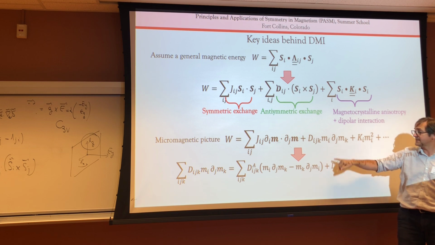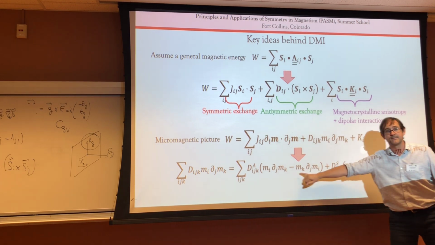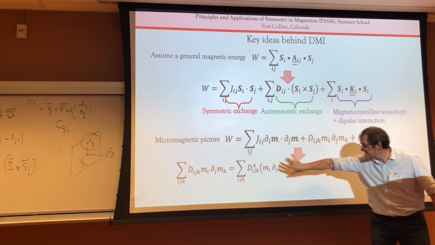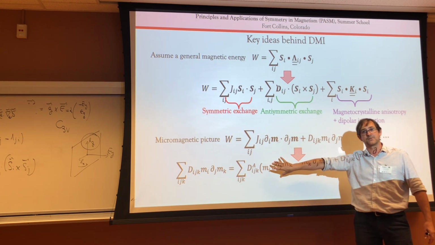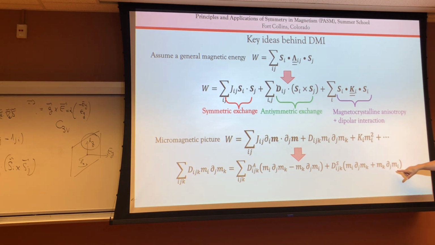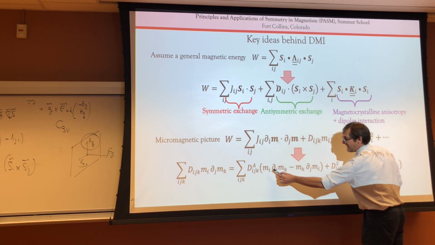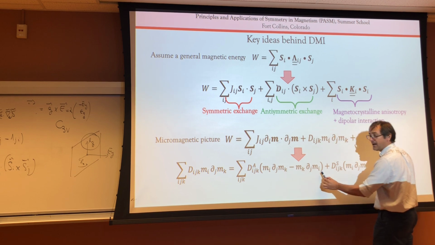And if you symmetrize it, you will have a part that is symmetric and a part that is anti-symmetric. The anti-symmetric part is the Dzyaloshinskii-Moriya interaction. But you could also have terms like that. I'm not going to talk about that today, but this term has an interesting structure. You have i, j, k, k, j, i.